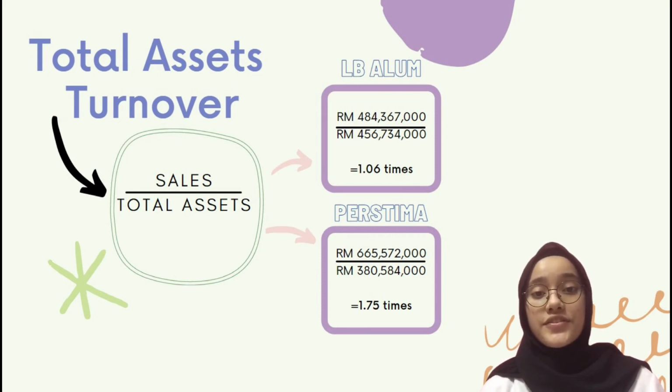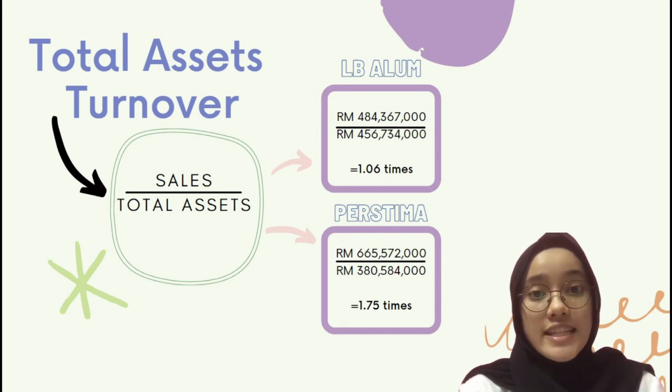Okay, next is for Perusahaan Sadur Timah Malaysia, Perstima. The sales figure for Perstima is 665,572,000 ringgit, and the total asset is 380,584,000 ringgit. So when we divide these two amounts, we get 1.75 times. Based on this answer, we can indicate that for every 100 ringgit of total assets in Perstima, they can generate 175 ringgit of sales.